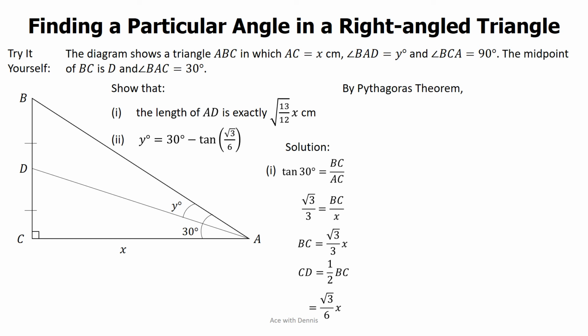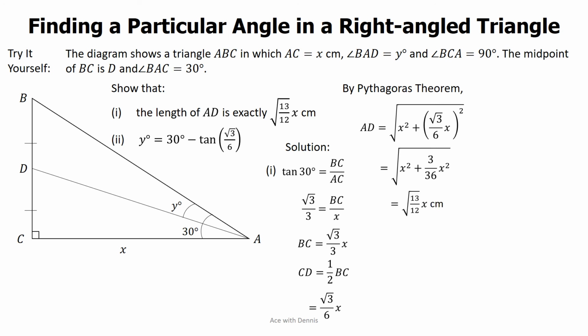From here, by Pythagoras theorem, AD equals the square root of x squared plus root 3 over 6 x squared, which is root 13 over 12 x cm. So I have shown the length of AD is exactly root 13 over 12 x.